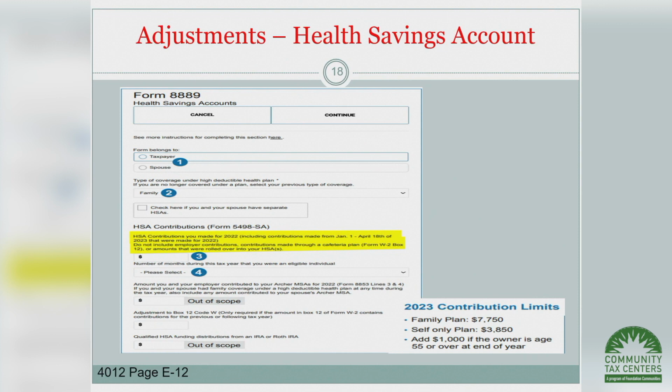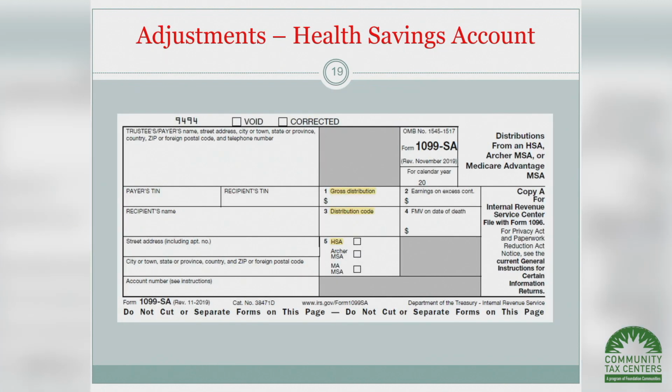For the family plan it's $7,750, self-only $3,850. You can add an additional $1,000 if the owner is age 55 or over at the end of the year. So those are some of the other criteria that are contribution limitations. Okay, and this is the form that I was telling you about.